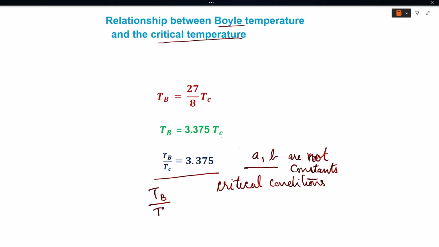Tb by Tc is around 2.5, that is the experimental value. And these are the relations we got: Tb is equal to 27 by 8 Tc, and Tb is equal to 3.375 Tc, or Tb by Tc is equal to 3.375.